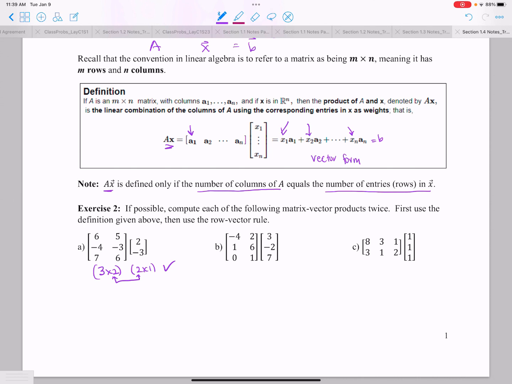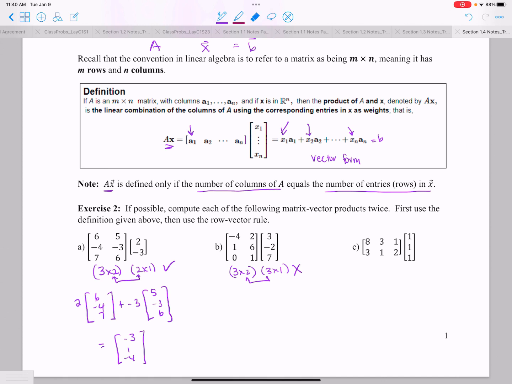And then we're going to use this vector form. Our x's are the weights for the columns of A. In part B, again looking at the dimensions, I have a 3 by 2 and a 3 by 1. These inner dimensions do not match, so you cannot multiply those.